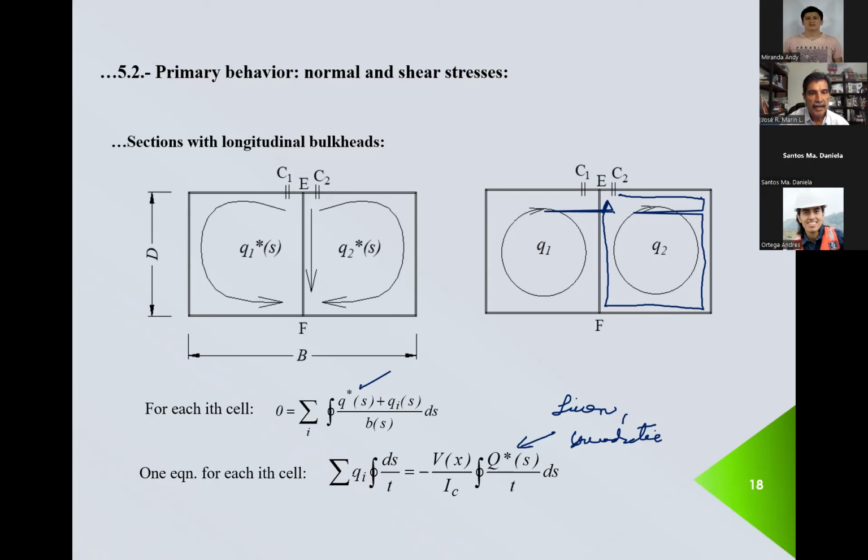And these are the unknowns. So this is a linear system of equations that we have to solve to find Q1 and Q2. And once you have Q1 and Q2, you have Q star, this is known, plus Q1, 2, and that's the total flow. And you can divide it by the thickness, and you can have the shear stress distribution in each cell.